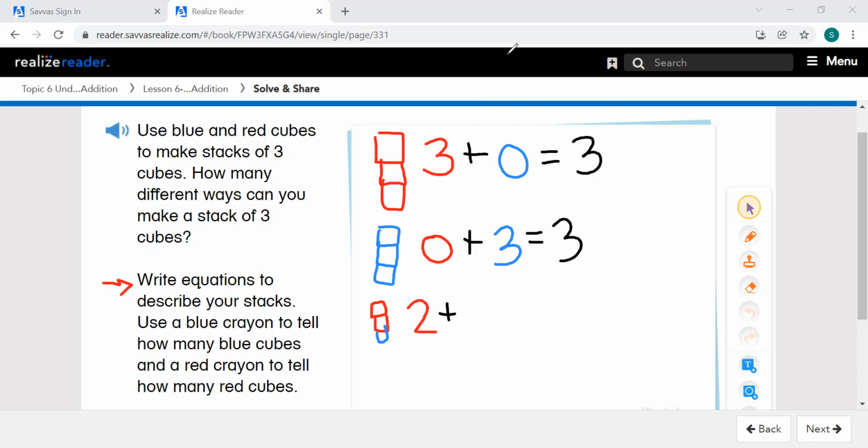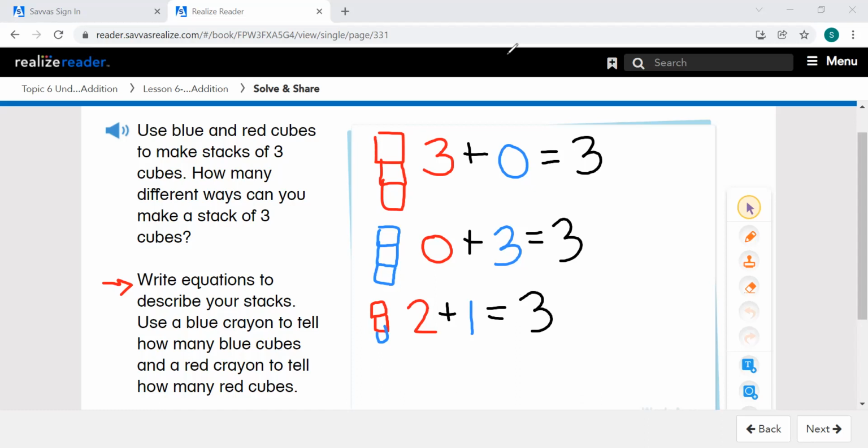Plus, how many blue cubes did we use? 1. And that equals 3. All right, we made 3 different ways to make stacks of 3 cubes, right?